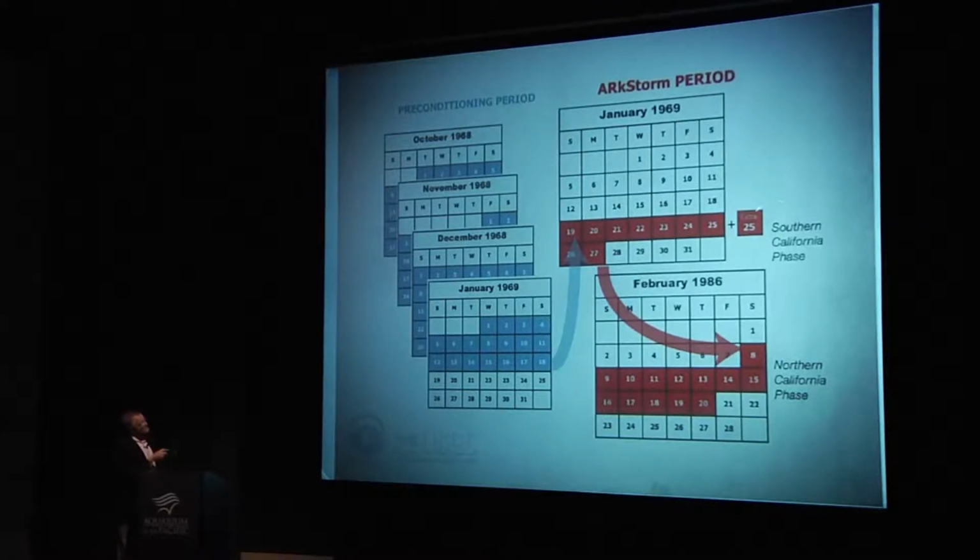They tossed in 1 extra day for good measure, and then they waited a couple weeks and stuck on a storm in Northern California from 1986, the big flood then. And the idea here is to sort of test the whole state's response system to a major flood. This is a very plausible thing that could happen here in California.